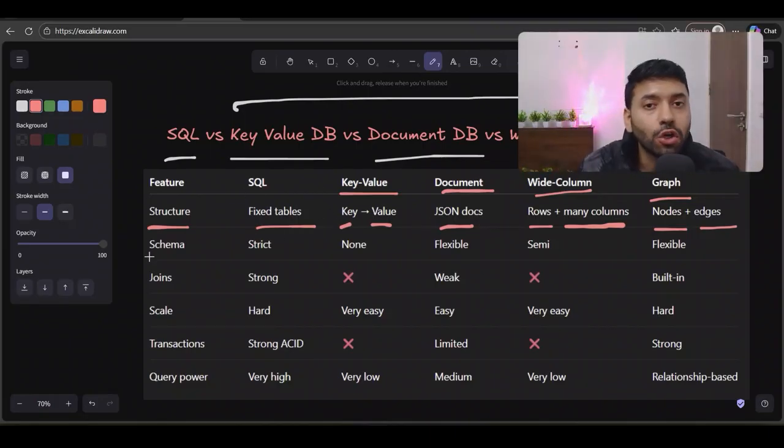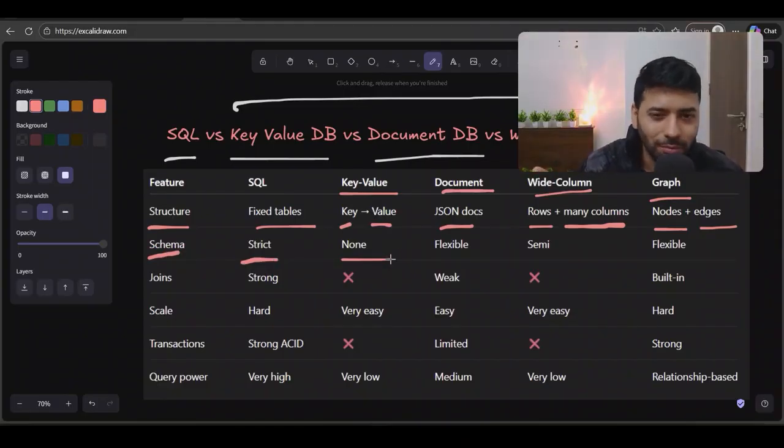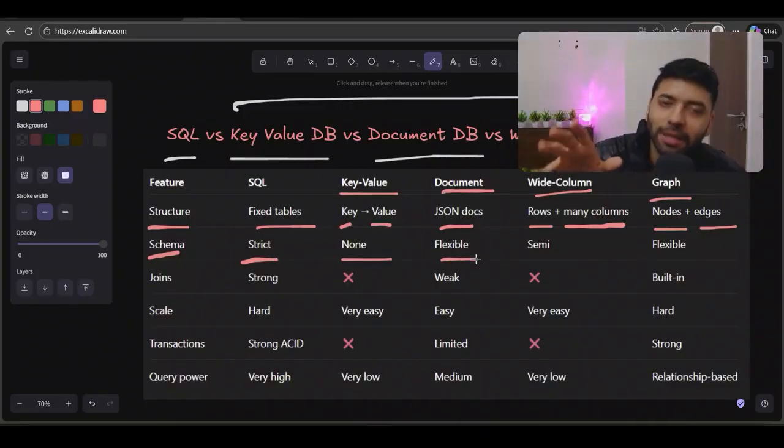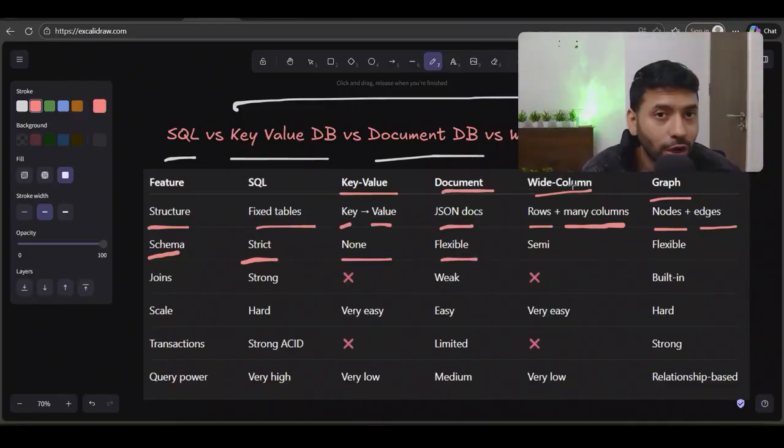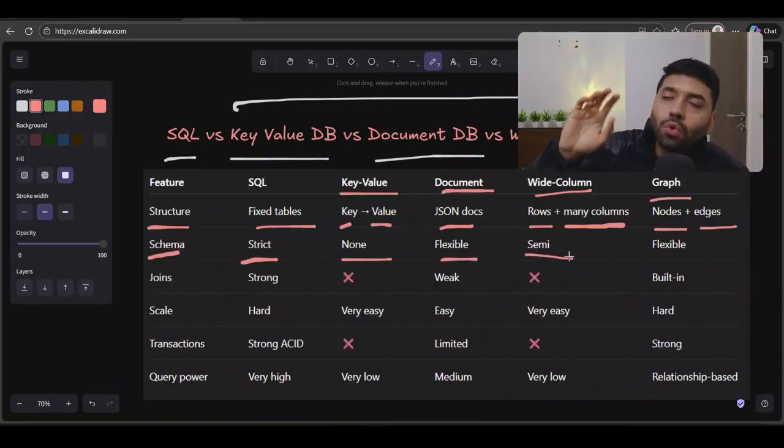Next, if we talk about the schema, as SQL is a relational database, it is known for the strict schema. Okay, when we talk about key value database, there is no schema. When we talk about document database, it has a flexible kind of schema. Talking about wide column database, it has a semi flexible schema because you have the column families and columns.